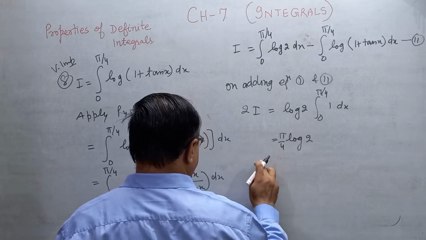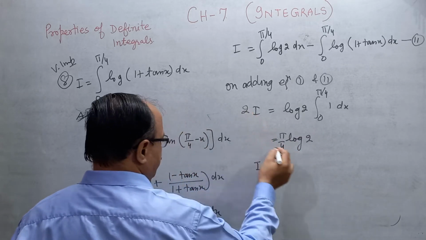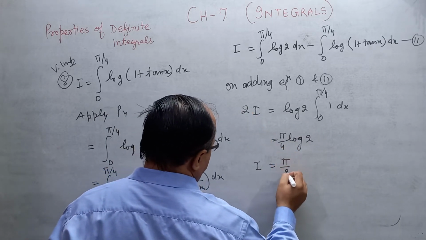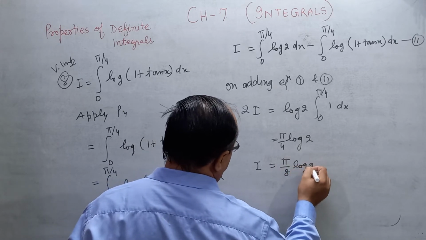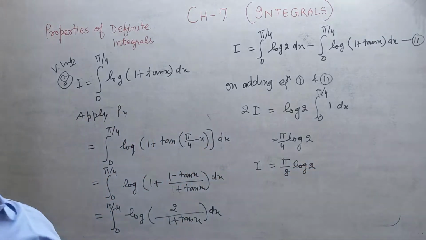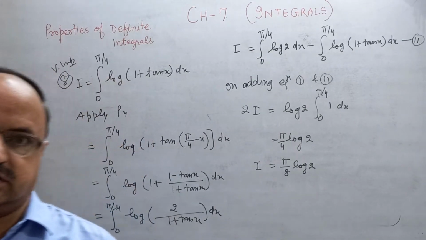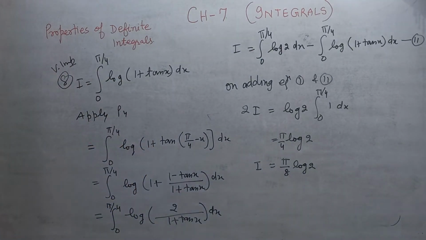Therefore I is equal to pi by 4 divided by 2, pi by 8 log 2. This is the answer of this question. You can check. Correct?